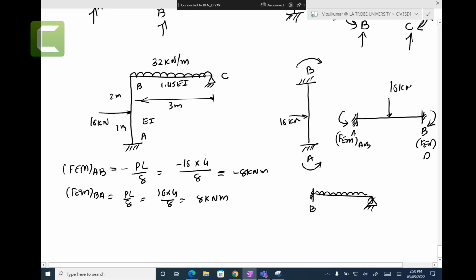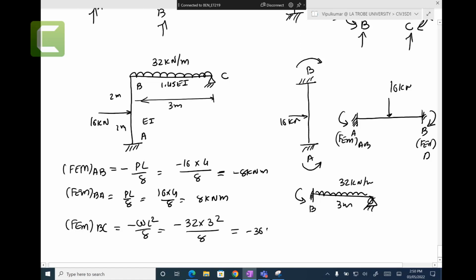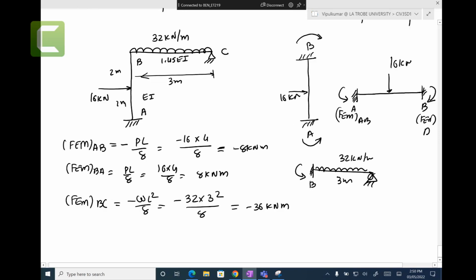UDL load 32 kilonewton per meter, and that is 3 meters. Fixed end moment of BC, which is here, minus WL squared on 8, minus 32 times 3 squared on 8, which is minus 36 kilonewton meters.